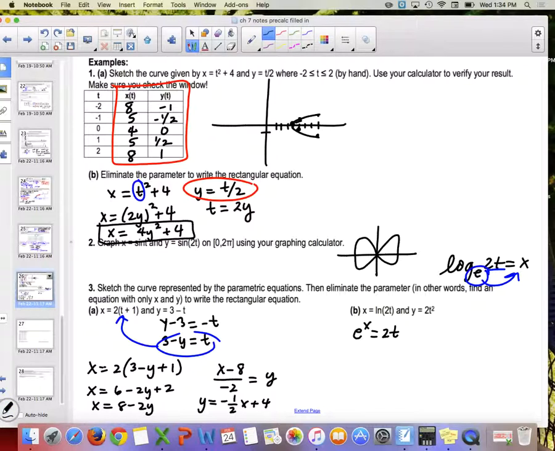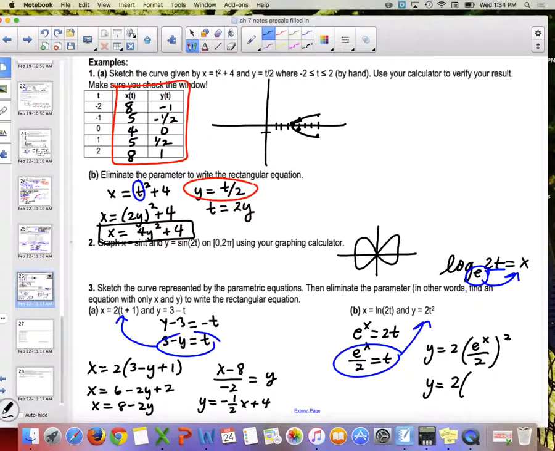All right, so that means e to the x over 2 is equal to t. Now that we've solved for t, we put it into the other equation. It's like substitution elimination, kind of. So we're going to do y equals 2 times (e to the x over 2) squared. What do you think this is going to be?